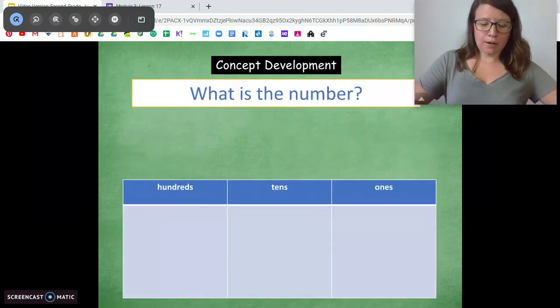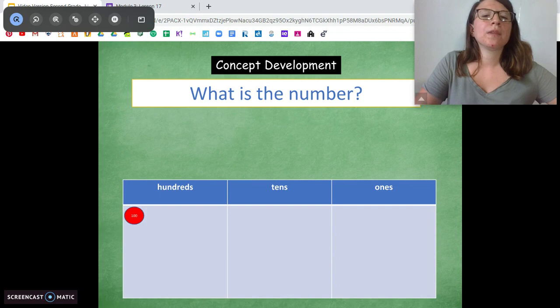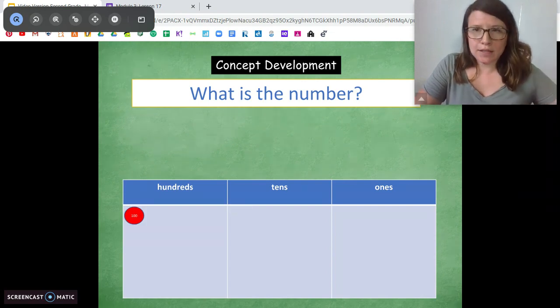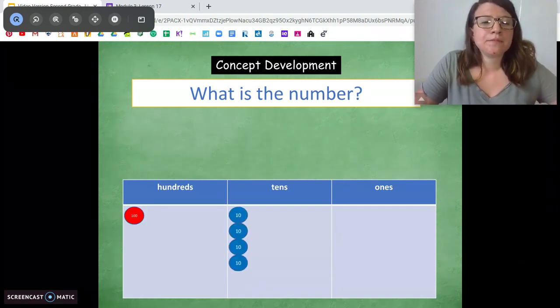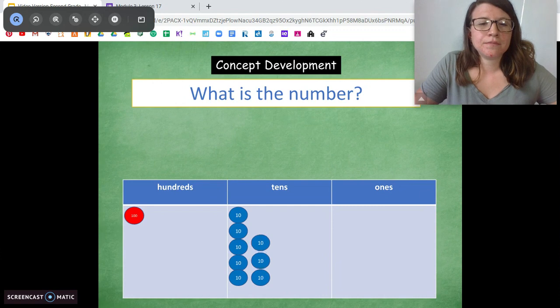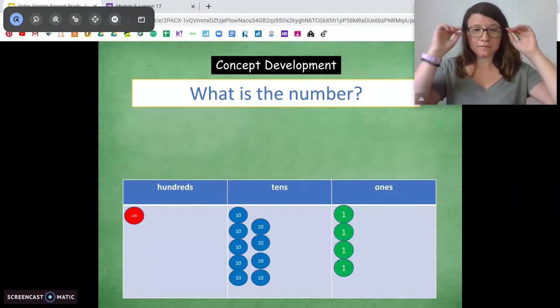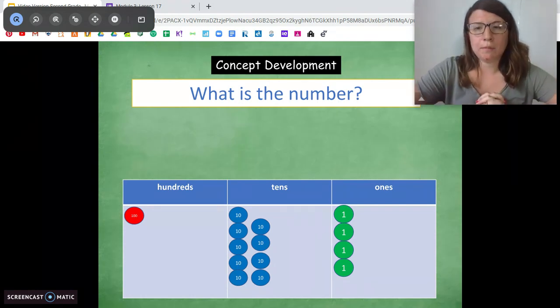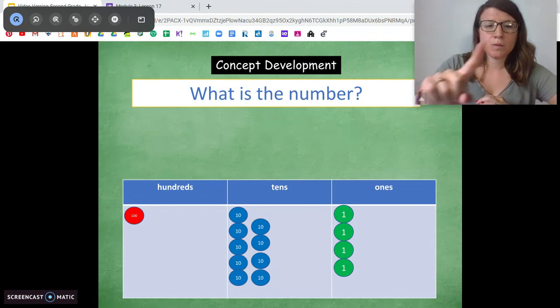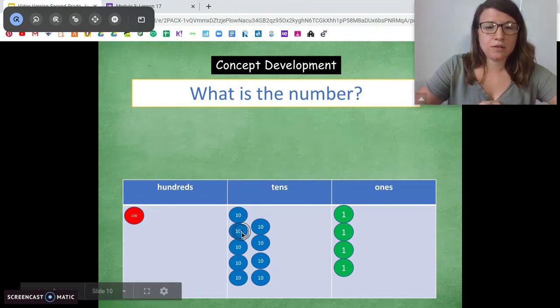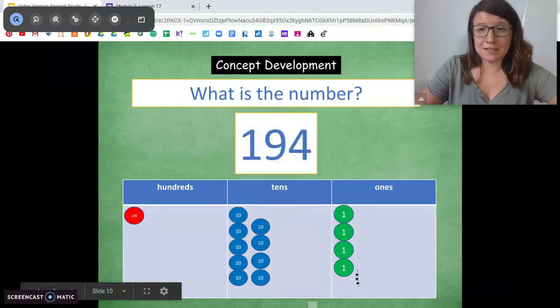Actually, I'm going to show you a number. Here we go. Go ahead and count it in your head. What number is that? And tell me out loud. 100, 110, 120, 130, 140, 150, 160, 170, 180, 190, 194.